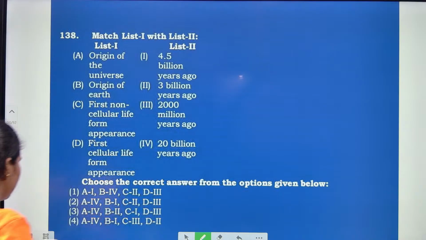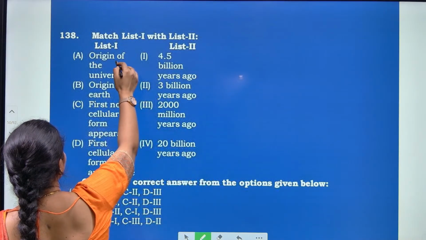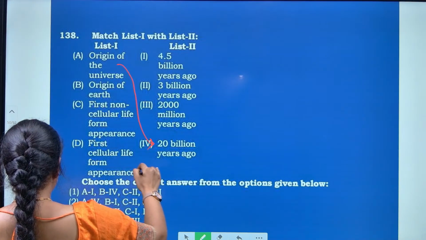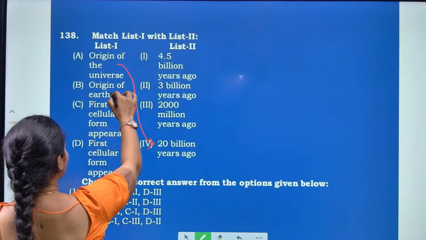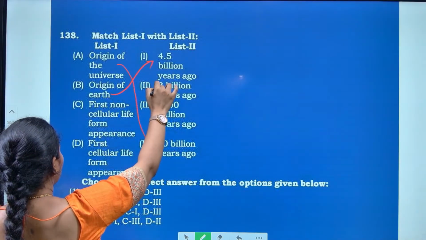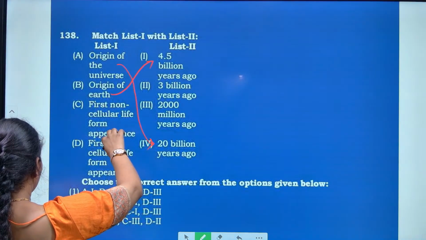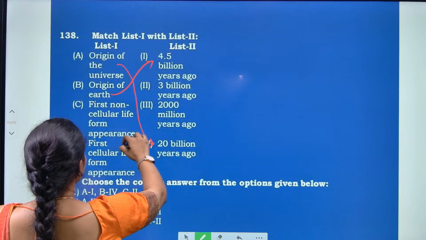The first one, the origin of life, is 20 million years ago, so A goes with option 4. Next, the origin of earth, 4.5 million years ago, is option 1.